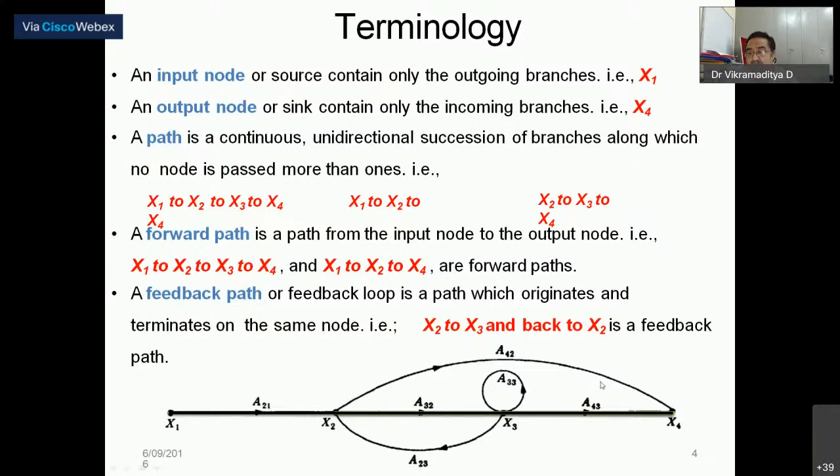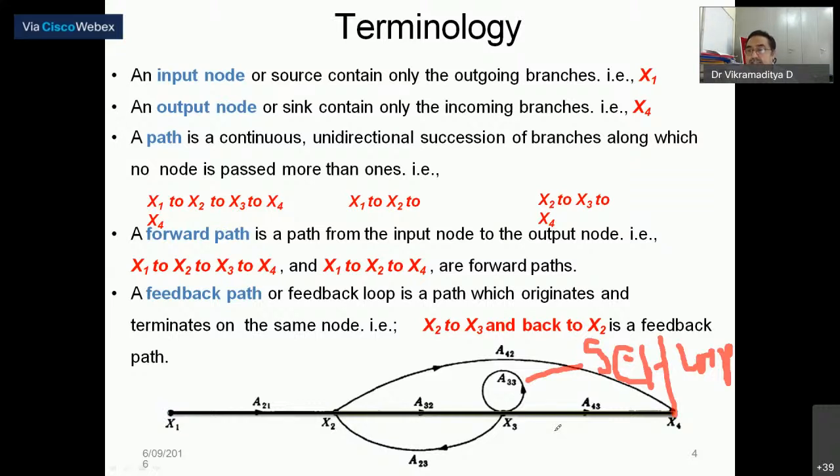There is a self loop here. It starts from x3, moves around and terminates again at x3 without passing through any other node. So this is also a loop, and this loop is known as a self loop. Because it forms a closed path and terminates at the same node from where it started. Is it clear?